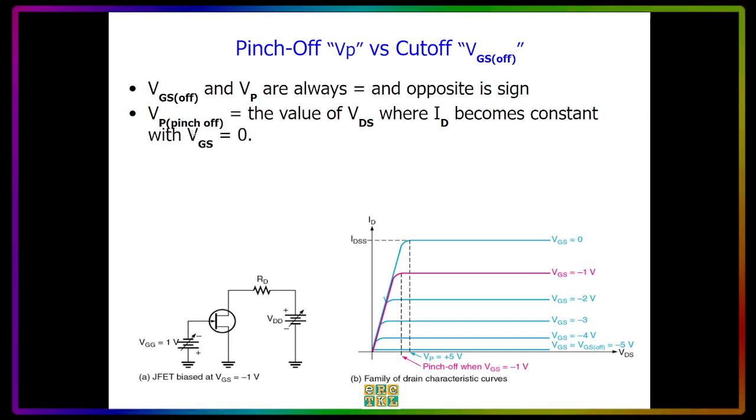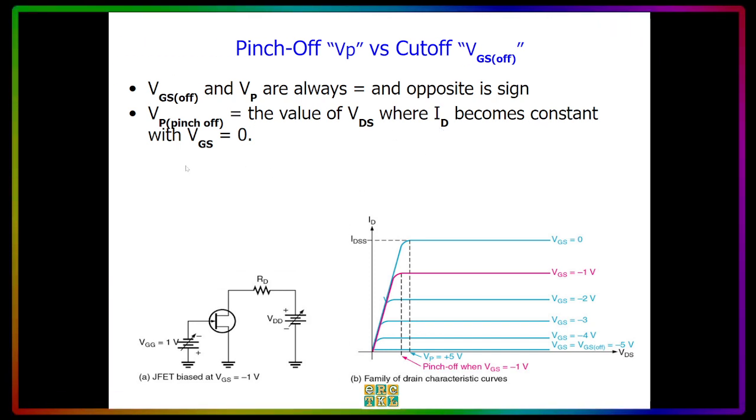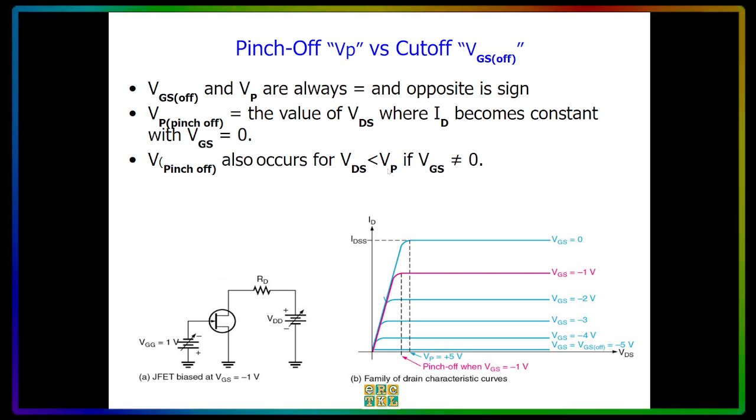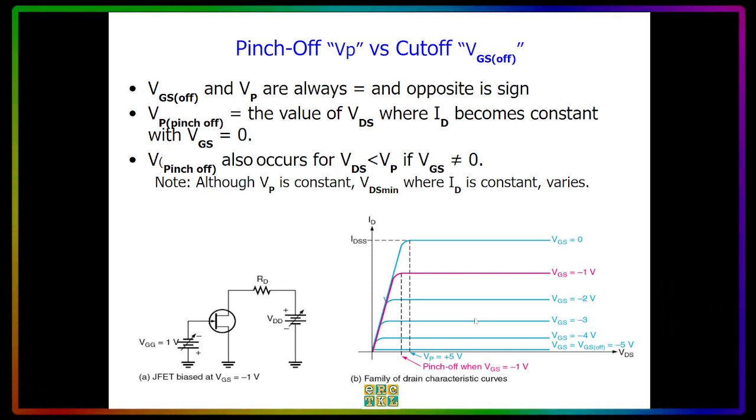The VP, or the pinch off voltage, is the value of the VDS where the ID becomes constant with VGS equal to 0. The pinch off voltage also occurs for VP, which is more than VDS, if the VGS is not equal to 0. I think I have shown you this diagram in the previous page.